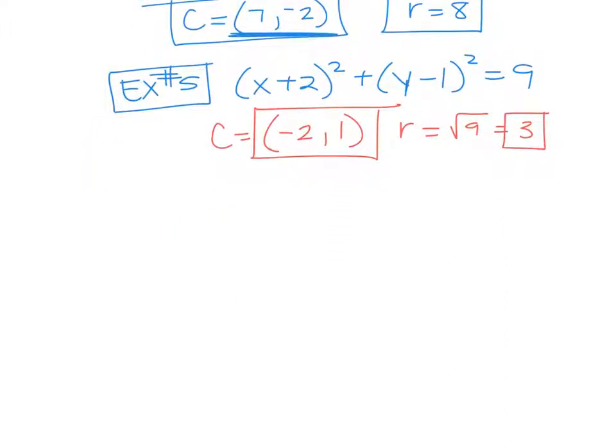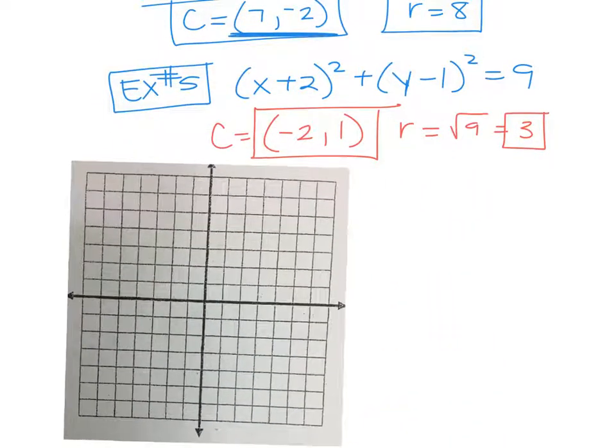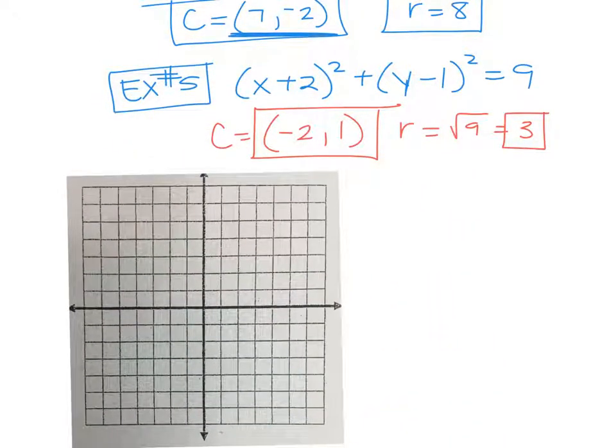Here it is. If our center is negative 2, 1, it would be here. So negative 2, 1, that's my center. My radius is 3.